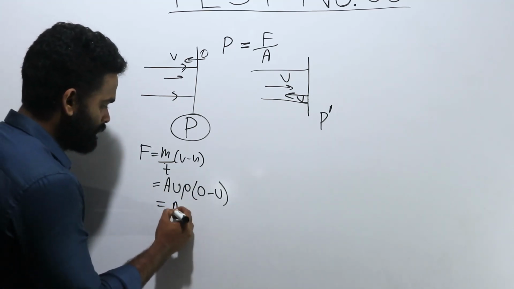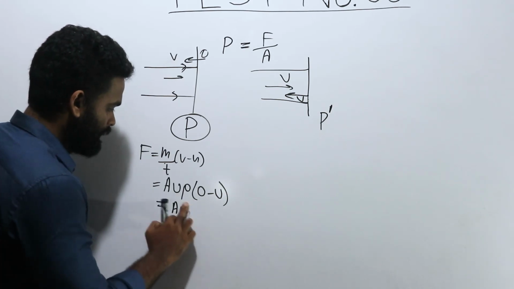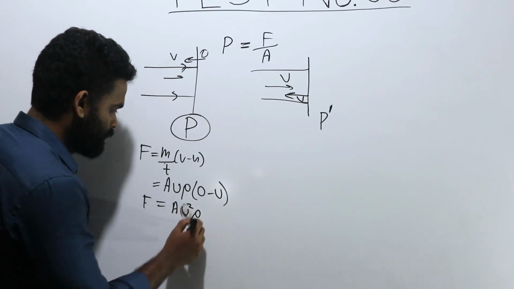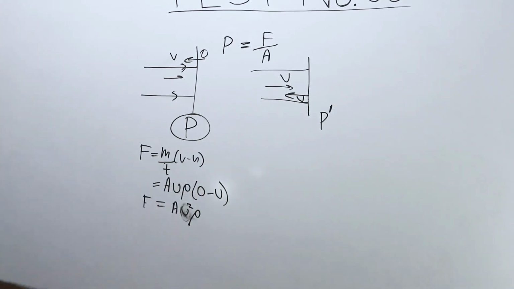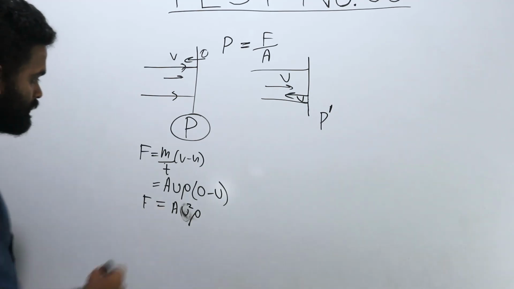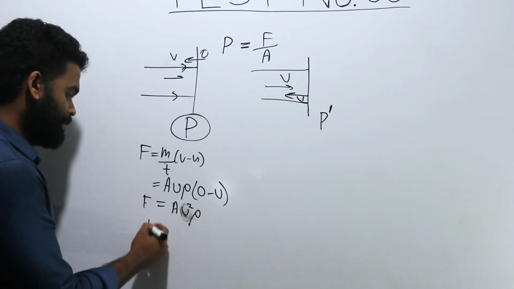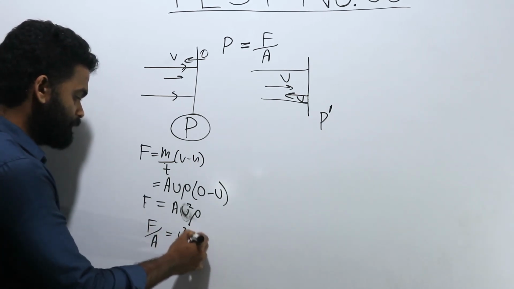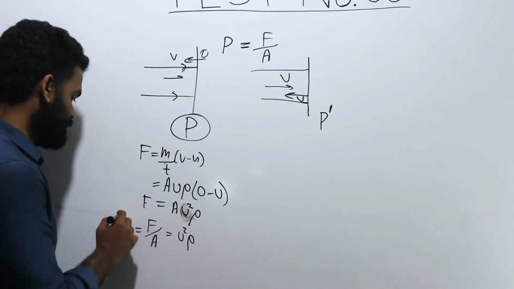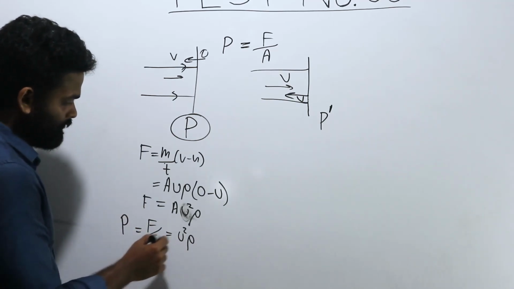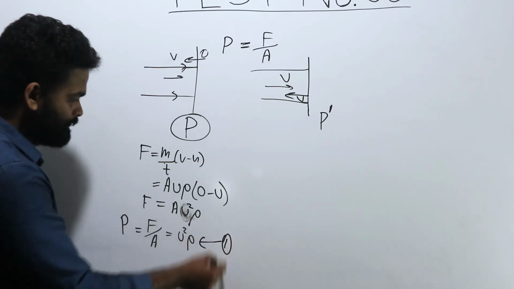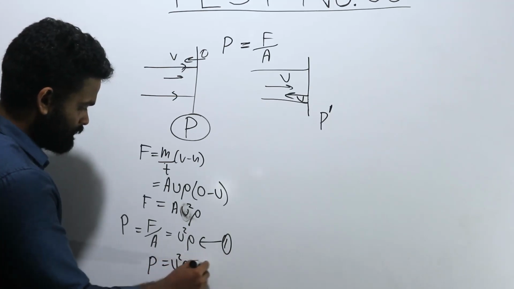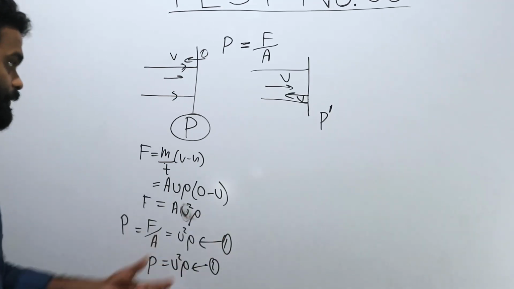So here force is A V square rho. Dividing this by A, F over A is V square rho. F over A is actually pressure. So pressure is V square rho. Let's say this is the first equation.